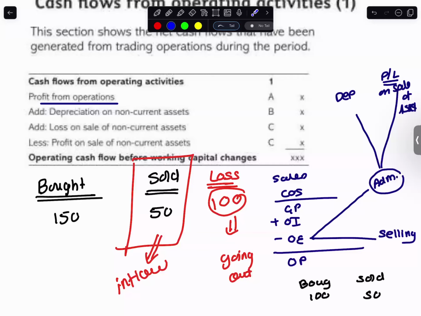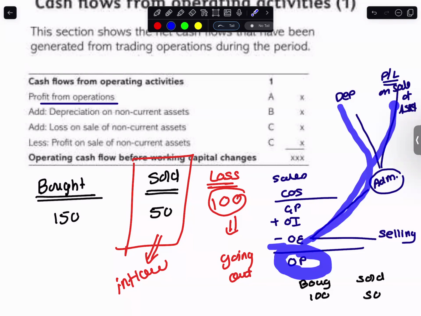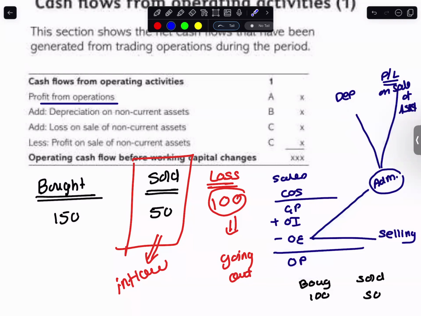Very good. So I come back again. I'm trying to calculate the cash flow from operating activities, only the cash flow. So I start with my operating profit. When I arrive at this operating profit, I have already deducted the depreciation or loss because that is administrative expenses, part of your other expenses.